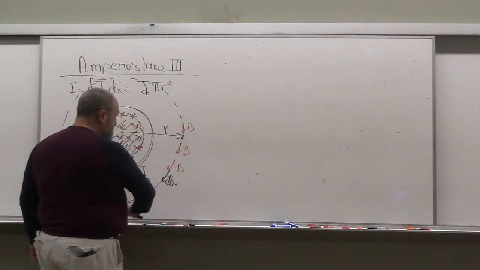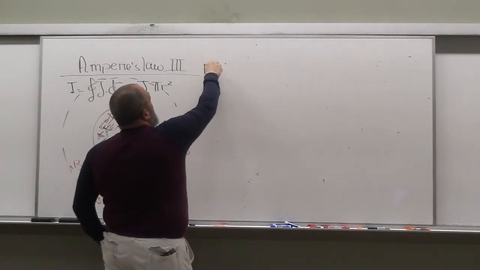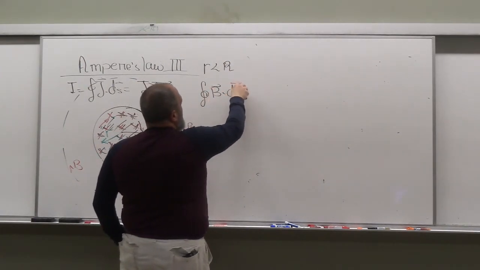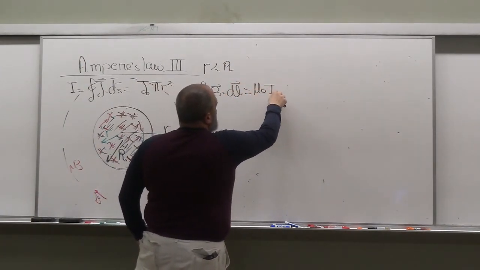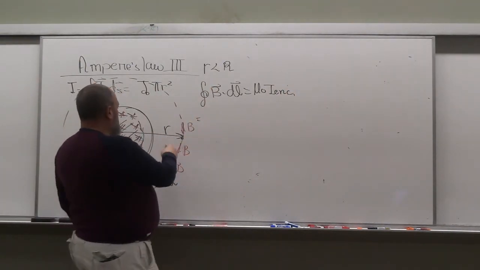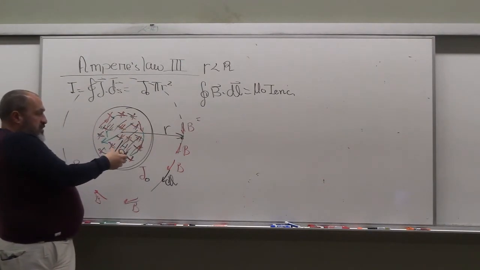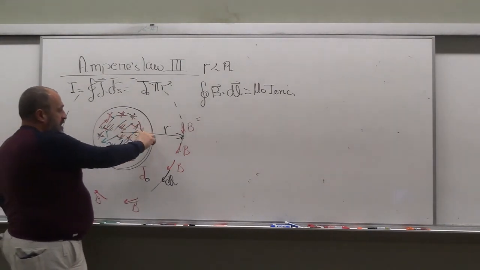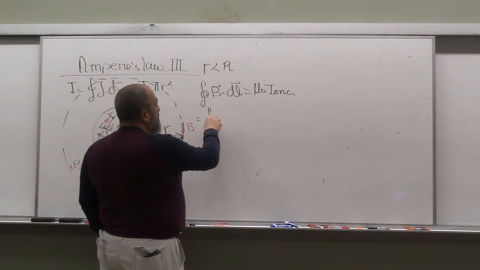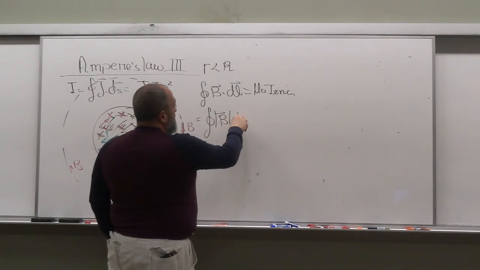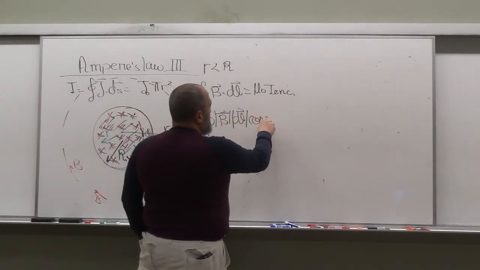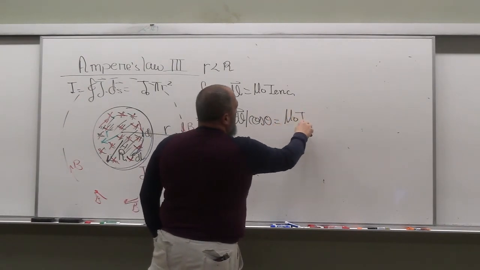So there is no harm in you stating now, for r less than R, the integral of B dot dl is equal to mu naught I enclosed. And that's equal to what now? Well, we picked an Amperian loop whereby B and dl are parallel. So that's the integral of, no harm in again spelling it out, B dl cos theta, the angle between them, equal to mu naught I enclosed.